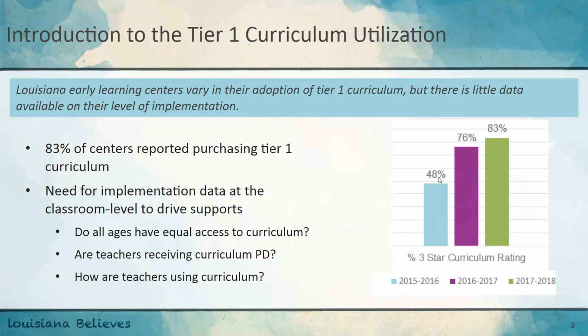It started at 48% in 15-16, 76% 16-17, and currently last year it was at 83% of our type 3 centers owned a Tier 1 curriculum. Now this doesn't say how many curriculums are purchased or whether or not it is for all of the classrooms. So we need a little bit more specific data at a classroom level.